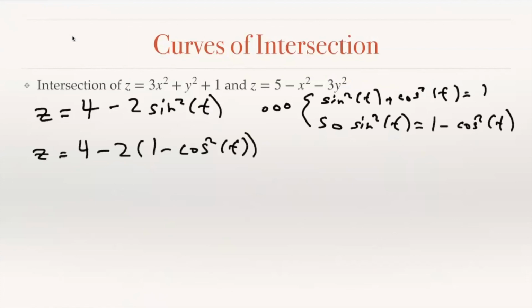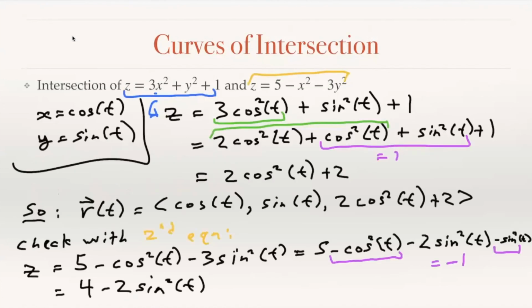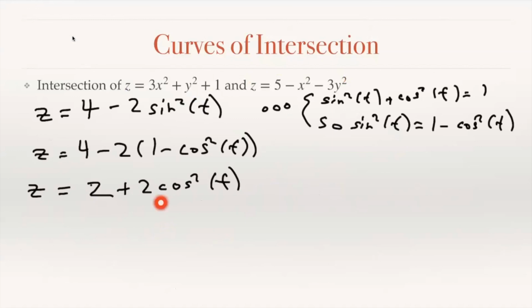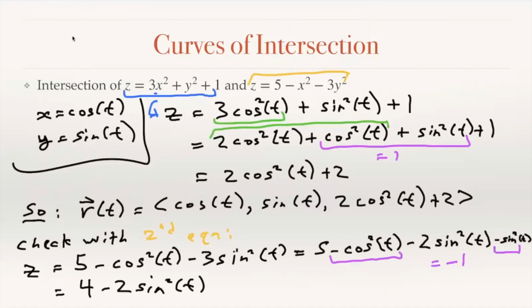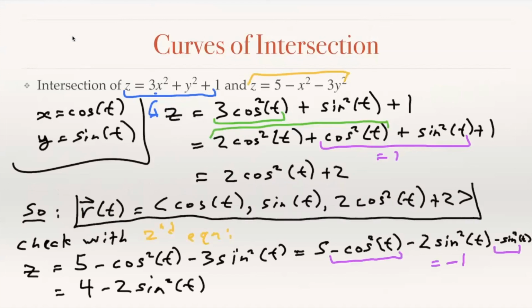Okay, so doing that replacement, we have that. 4 minus 2 is 2, and minus 2 times minus cosine squared is plus 2 cosine squared. So we have that same thing again. So either way, this is our output on either surface, and therefore the vector equation of that curve of intersection.